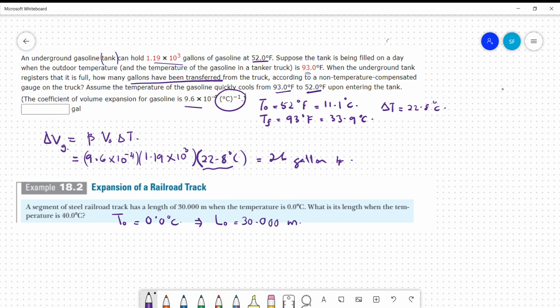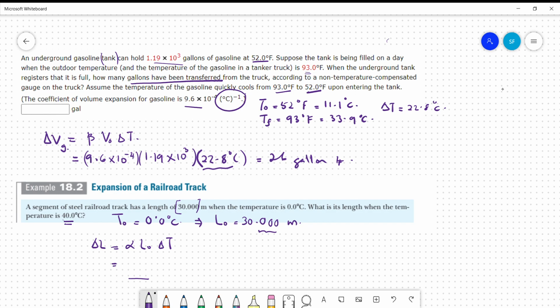You can see that we have 3 decimal places here. To find the change in length when the temperature is increased to 40 degrees Celsius, we have delta L equals alpha L naught delta T. Delta L must be in 3 decimal places also, so we refer to the numerical values given here up to 3 decimal places.